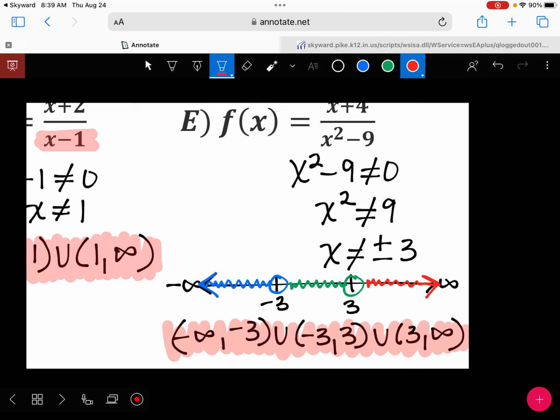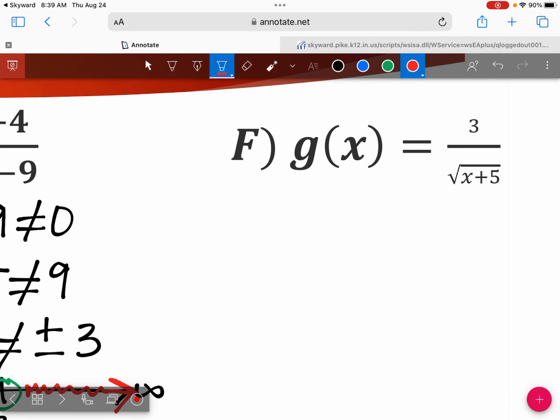All right, question F. So we kind of combine 2 red lights into 1. What happens when you have a square root in your denominator? We still have to write it as an inequality, but because it's in the denominator, it can't equal 0. It's just greater than 0.